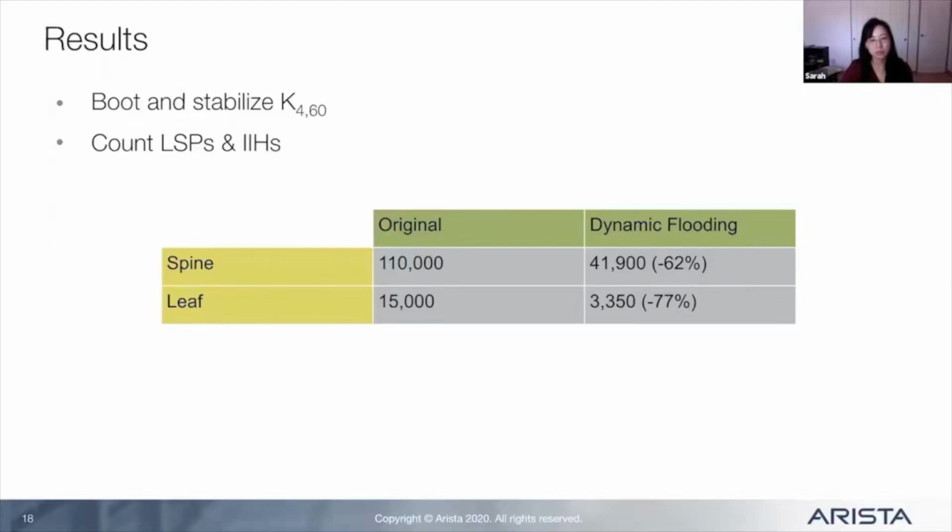We find that without dynamic flooding, the spine has to process 110,000 LSPs and IIHs, and the leaves have to process 15,000. But with dynamic flooding, we can see a significantly reduced number. There's a 62% saving in spines and a 77% saving in leaves.